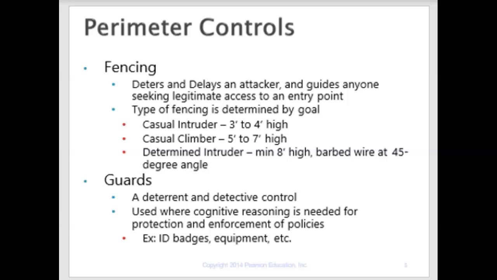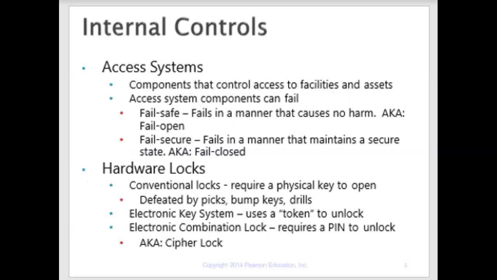And always include guards with that, right? This is the cognitive approach to physical security: people using their intellect to look at ID badges, make sure people have them displayed, that sort of thing. So these are some things you could do in designing security policy that uses physical security.